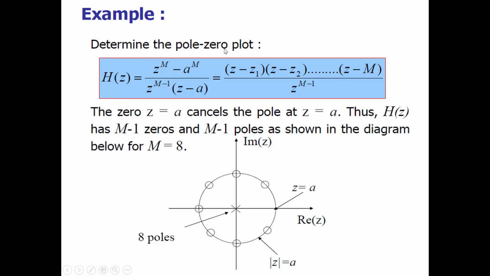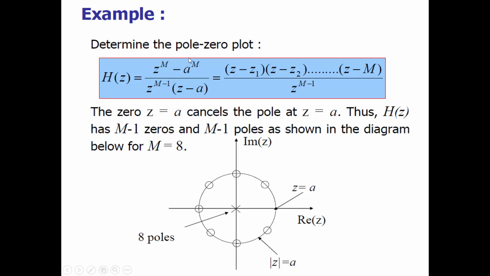Now let us determine the pole zero plot for this system. This system says that H(z) is equal to z to the power M minus a to the power M, and in the denominator it is z to the power capital M minus 1 times z minus a.